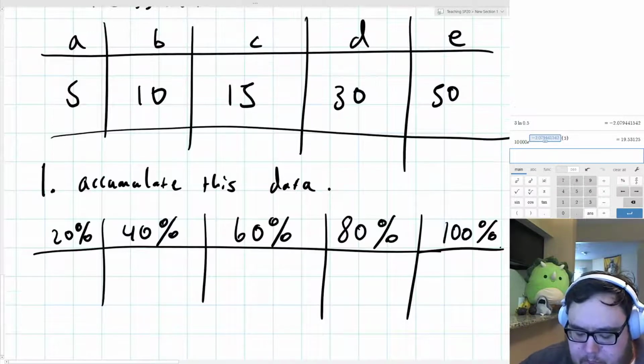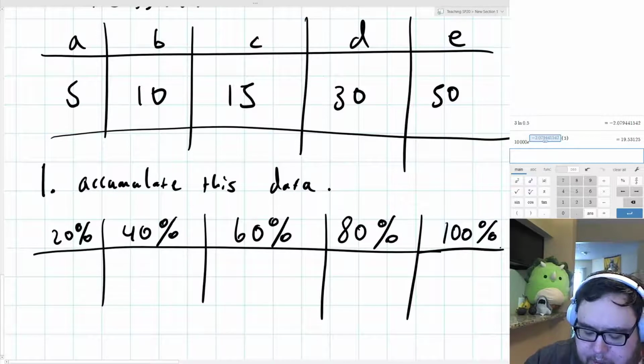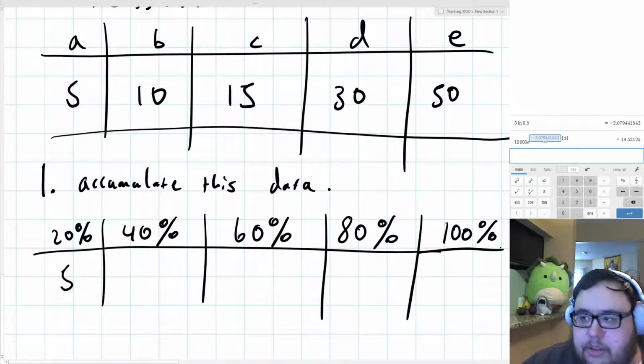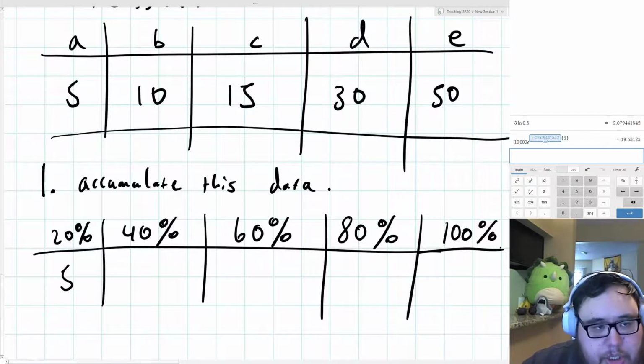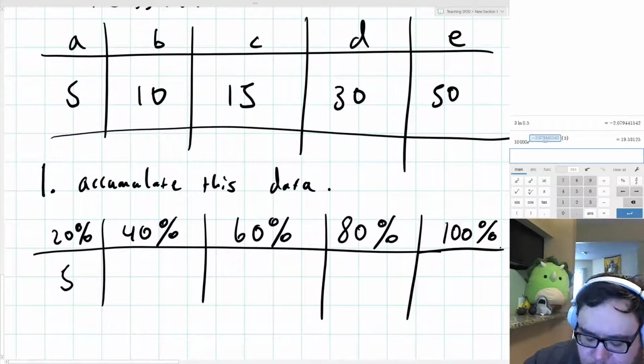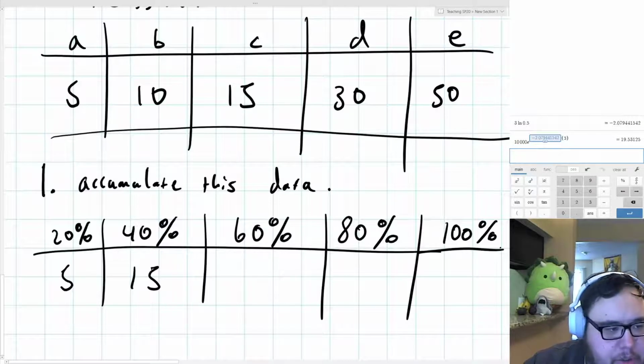Okay. So the bottom 20% is just person number A, and they control 5 seashells, right? The bottom 40% is person A and person B, and together they control 15 seashells. Person B controls 10, and person A controls 5.